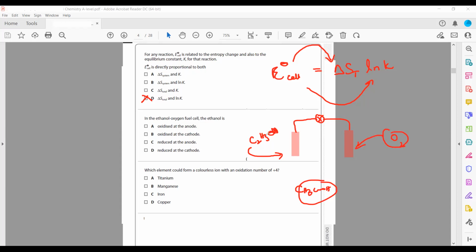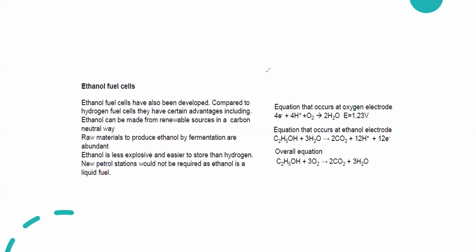Oxidation always happens at the anode. At the cathode, oxidation cannot occur. So this is the overall equation.